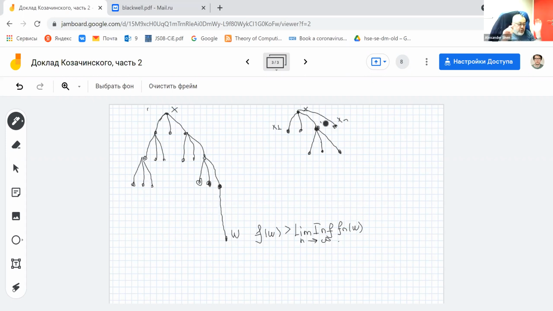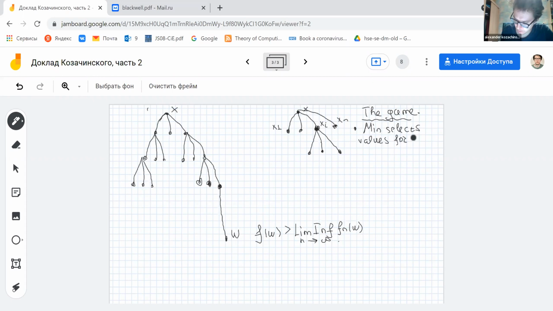So you consider a new game. The first move in this new game is that min suggests, so there is infinite, continuum branching in the root, the values of the supposed certificate on all children of the root. So min selects values and max selects a suspicious place.